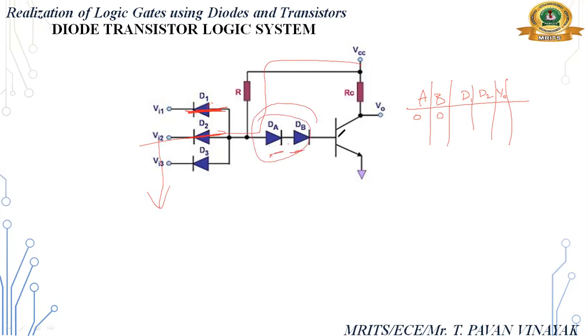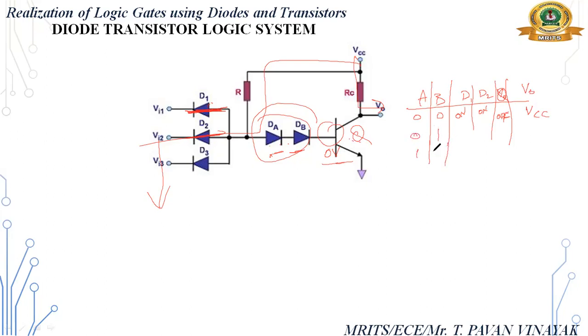So here we give 0 volts, then Q will be off. So whenever Q is off, Vout will be VCC, right?